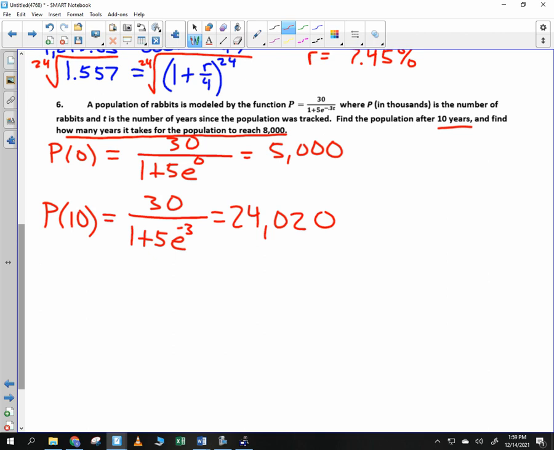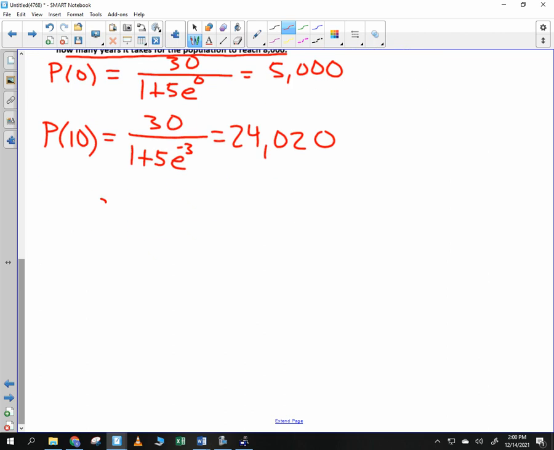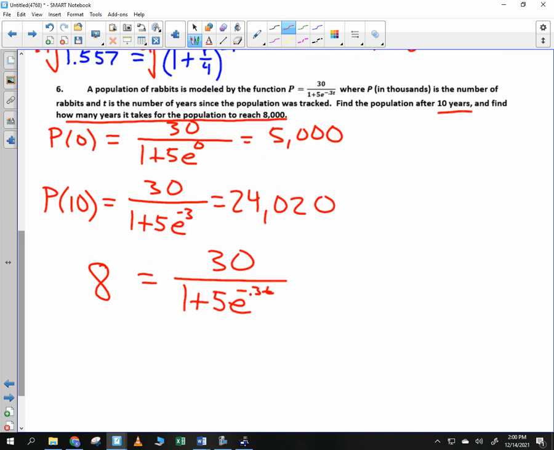Remember, it's measured in thousands. So 8 equals 30 over 1 plus 5e to the negative 0.3t. So the question is, when does it reach 8,000? P is represented in thousands. So instead of writing 8,000, write 8.